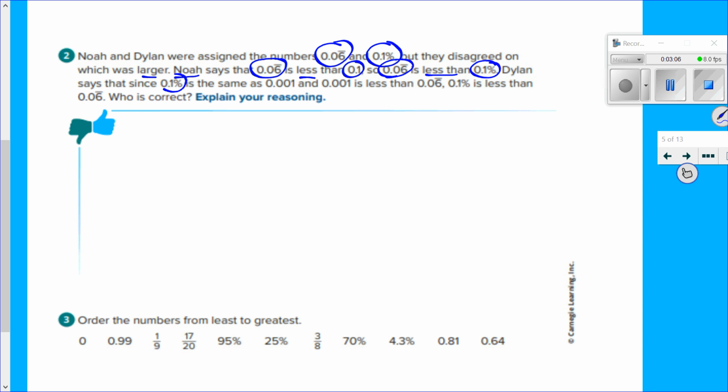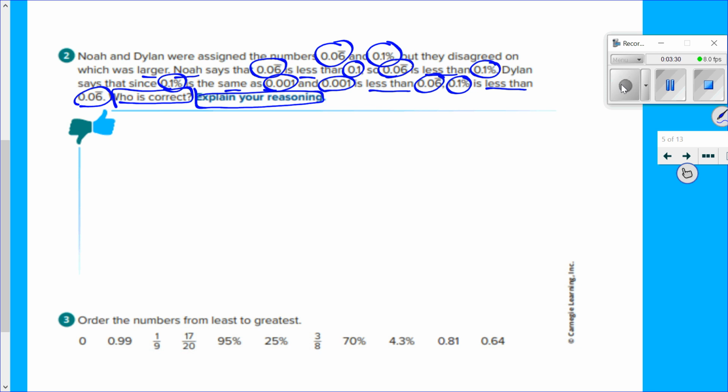Dylan says since 1/10% is the same as 1,000th, and 1,000th is less than 600ths repeating, 1/10% is less than 600ths. Who is correct? Explain your reasonings. We'll give you guys a chance to talk at the table on this one. Figure out who is going down the right path in what they're thinking.